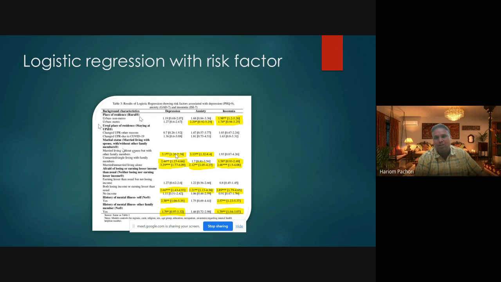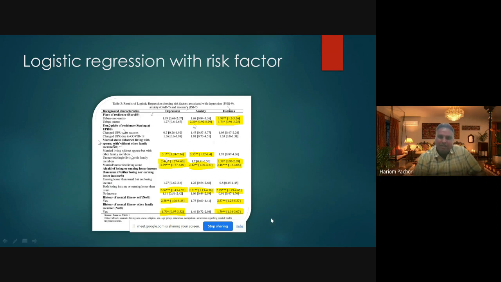For anxiety also, it was 3 times higher. Similarly, the unmarried single living with family also had higher odds of depression, more than 2 times, and insomnia 58% higher.